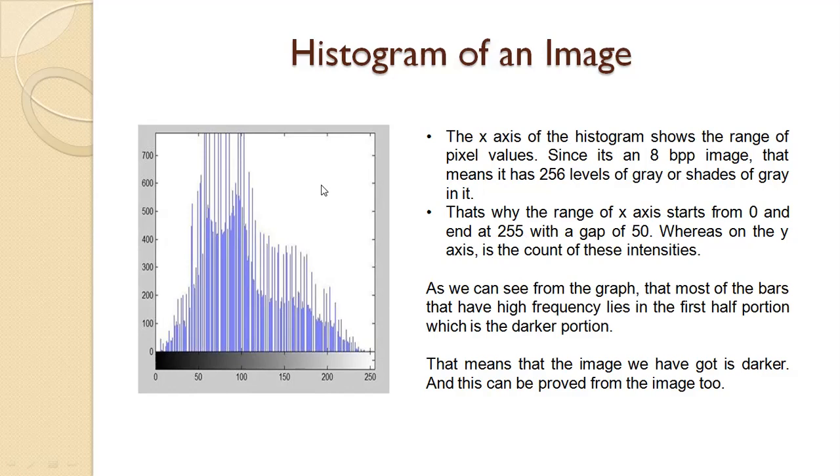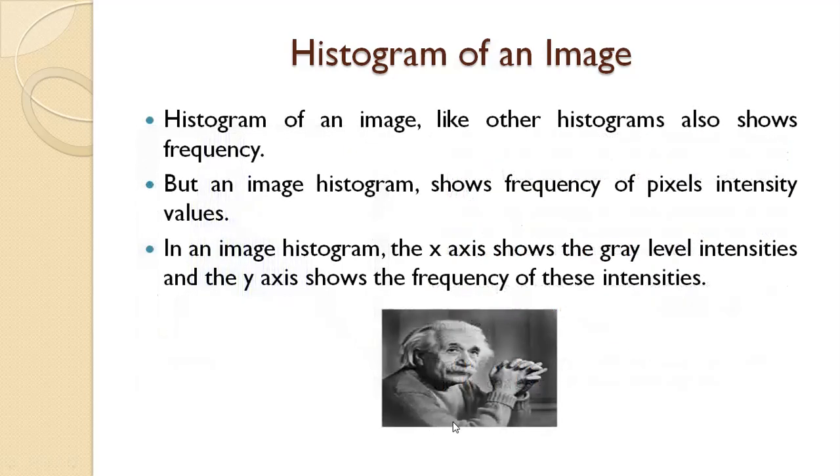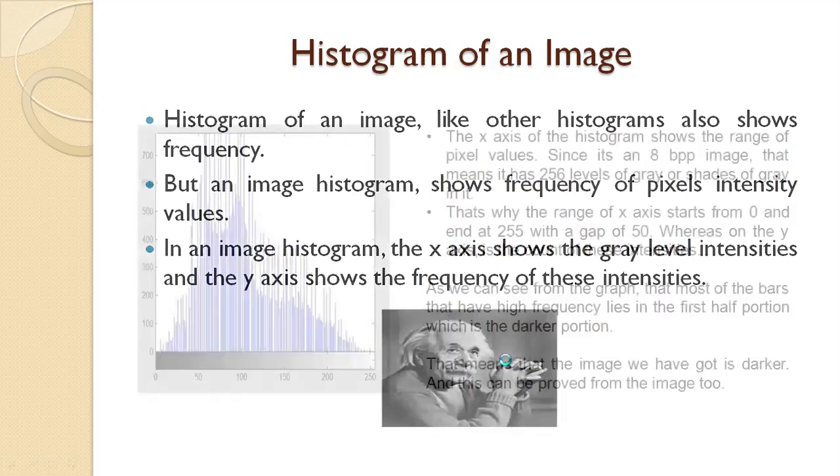The first half part is dedicated to the darker portion, all the black, and the second half portion is for the brighter part, or we can say the white color. From the histogram we can see that the image is more dark than bright. In the image we can also see that it has more darker portion than the brighter portion.